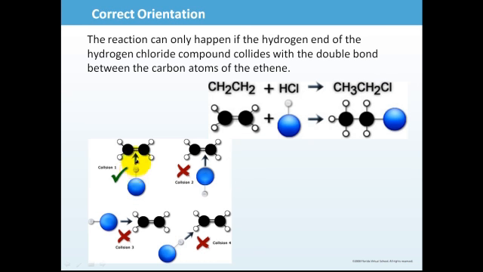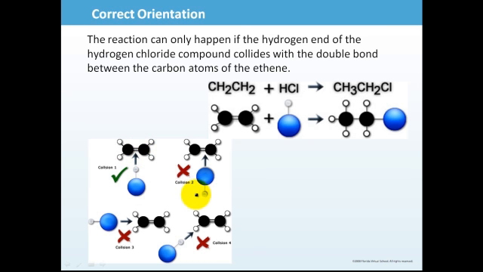If the hydrogen collides with the double bond between the carbons, we would have a successful collision. The double bond will actually break and become a single bond. The one hydrogen would then attach to one of the carbons, and then the chlorine would attach to the other carbon. So we break one bond and form two new bonds.